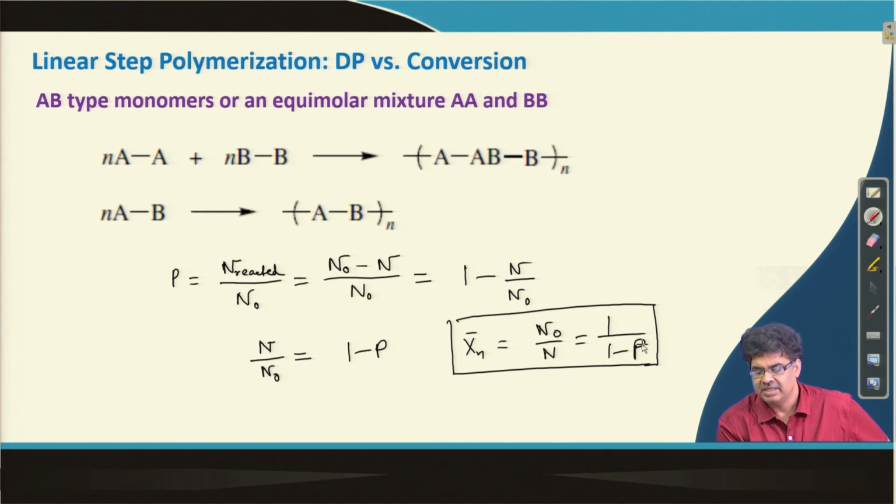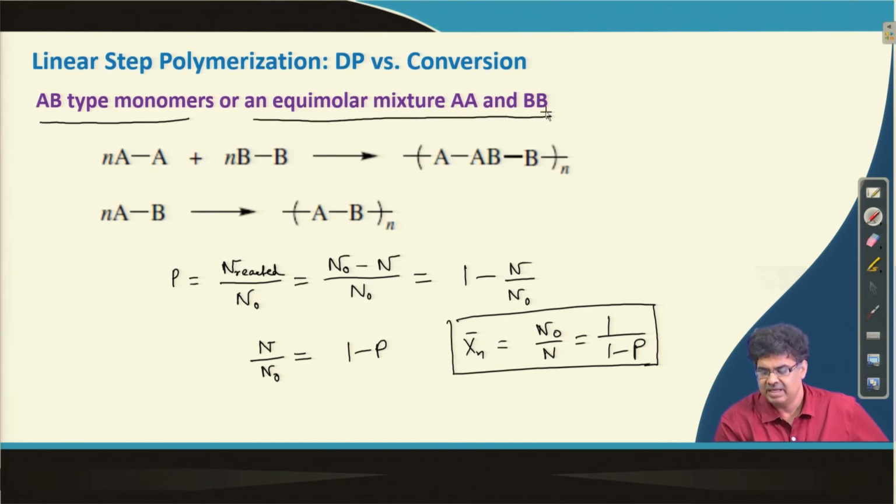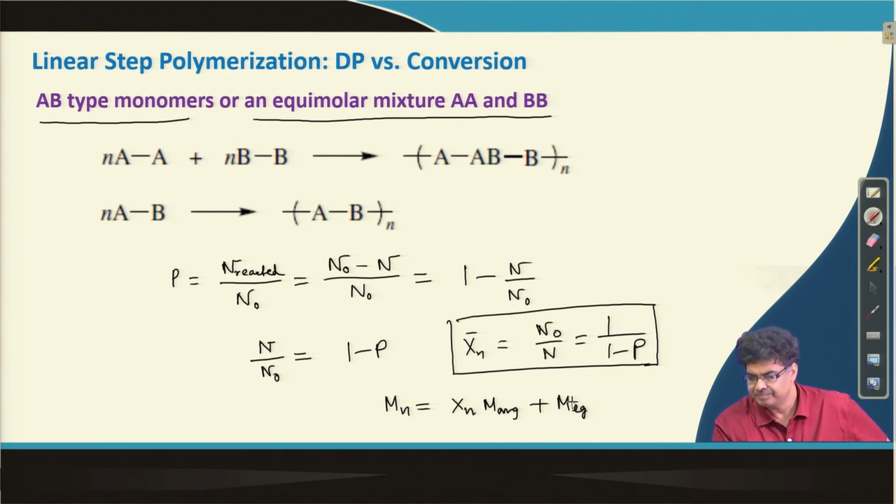Remember, this is applicable for an AB type monomer or an equimolar mixture of AA and BB, and once we know the degree of polymerization, then we can also know Mn from M average of the structural units times Xn plus M of the end groups. Because sometimes the end group is very low compared to the total molecular weight, it can be ignored.